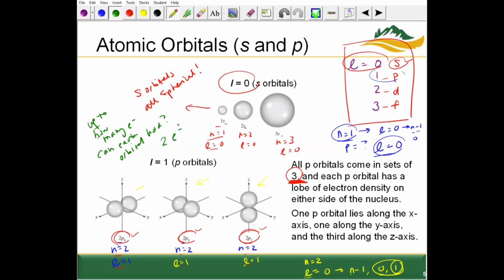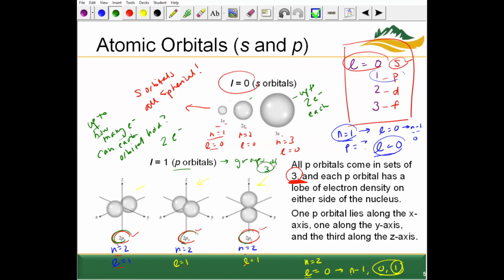So each of these s orbitals can only hold up to 2 electrons each. Then for p orbitals, these come in groups of 3. This px orbital, py, and pz, out of all of these p orbitals, how many possible electrons can all of these hold?